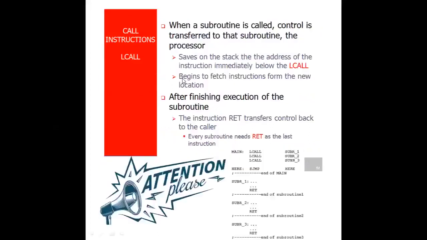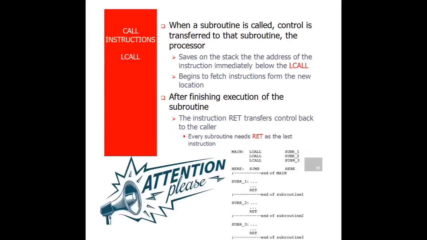Now let us consider one example. Whenever the subroutine is called, the control is transferred to that subroutine, where the particular memory location is specified with this instruction LCALL. The controller will jump to this particular location and execute the subroutine.